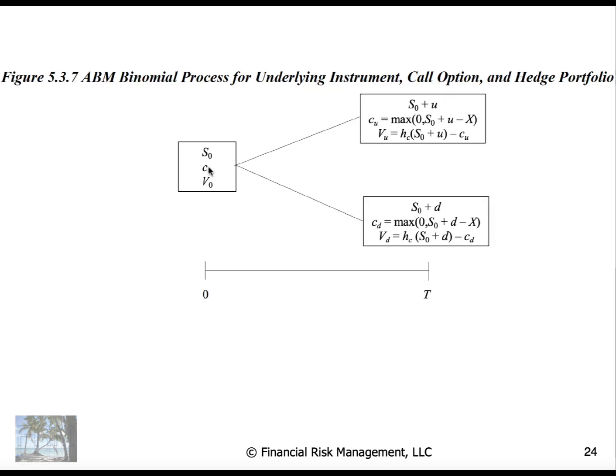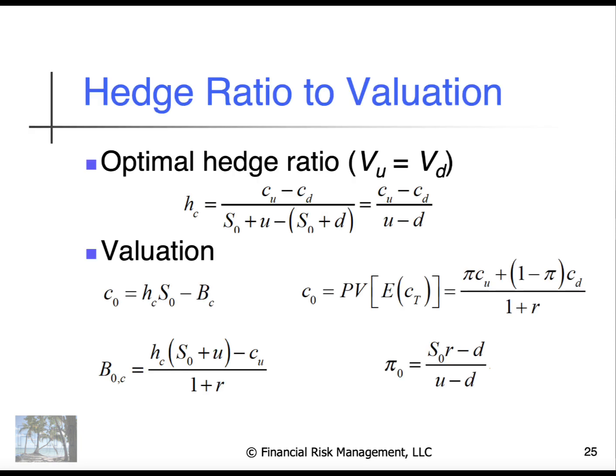The diagram basically illustrates that once we have the complete tree for the stock, we can build the call tree. With the call tree and the stock tree, we can build the value of the portfolio. Solving for the optimal hedge ratio, we again get the cross-sectional change in the call versus the cross-sectional change in the stock. If you'll notice here, the results are independent of the level of the stock price.